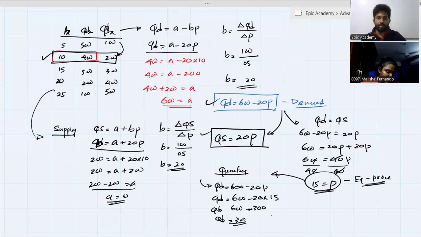This is the equation and this is the calculation. Now you identify the equilibrium position. Again, you can check the demand schedule. If you check this position, you can identify that when the price equals 15, the quantity demand and quantity supply take the same values. That's the meaning of equilibrium position.